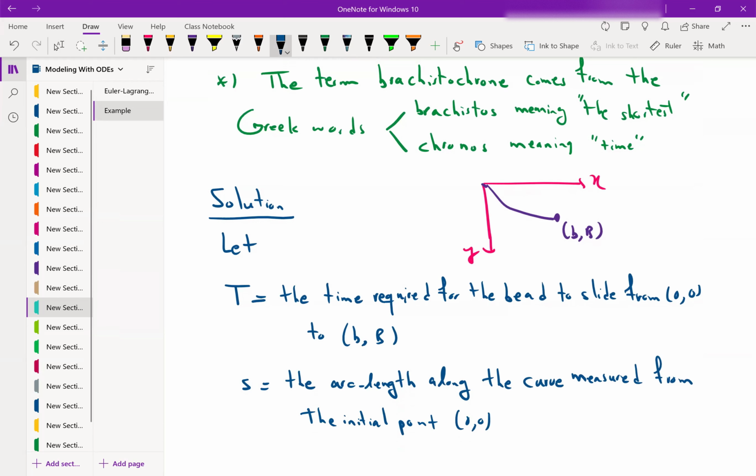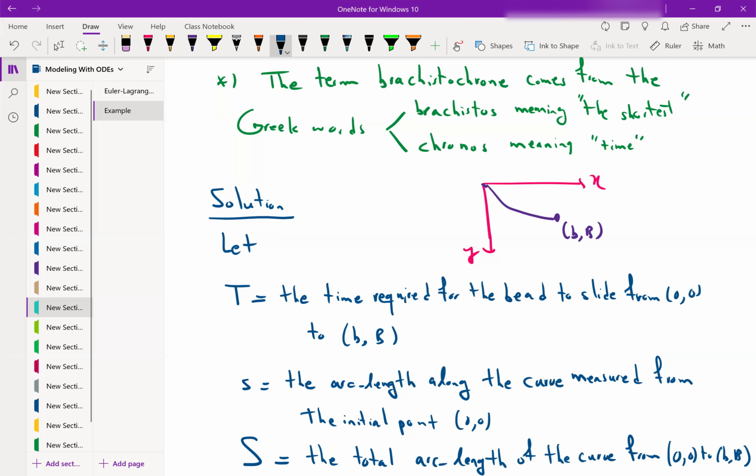And I'm going to call the full length traveled big S, the total arc length of the curve. The total length traveled along the curve from 0, 0 to little b, comma, big B.